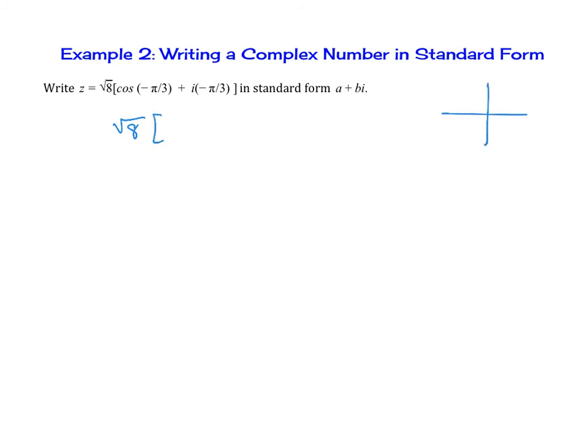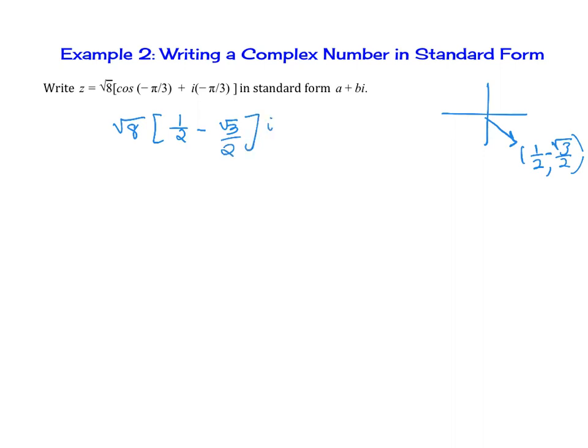So -pi over 3 is here, and so x is 1/2, and y is negative root 3 over 2. So therefore, cosine of -pi over 3 is 1/2, and then minus root 3 over 2 i.